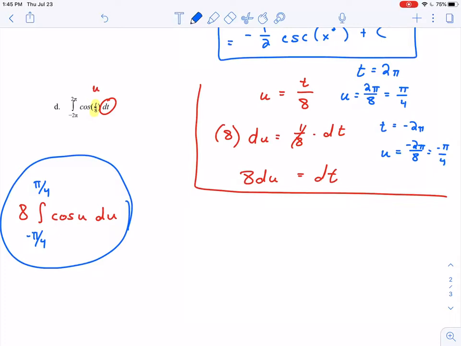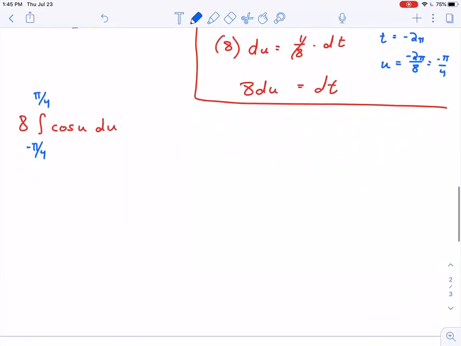I can forget anything I had in terms of t from earlier. So the constant multiple of 8, that's just going to come down. The antiderivative of cosine of u should be sine of u, and I'd like to evaluate that at pi over 4 and negative pi over 4.